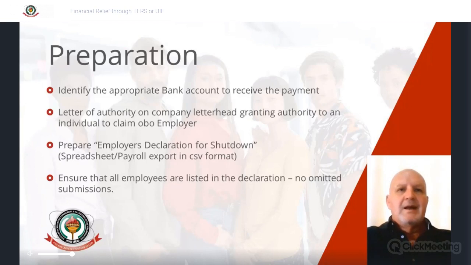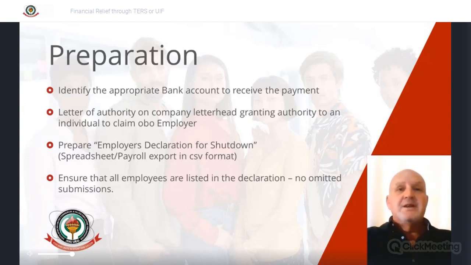The initial guidelines stated that you need to open a dedicated bank account. We have established that this is for bargaining councils only. However, we do recommend that you do open a dedicated bank account. The reason for that is just to protect yourself as an employer.